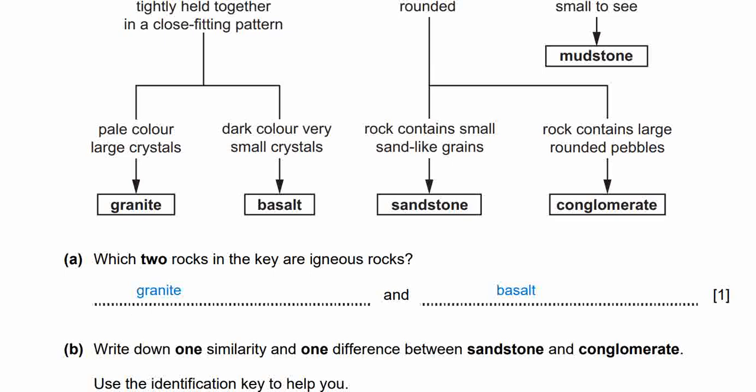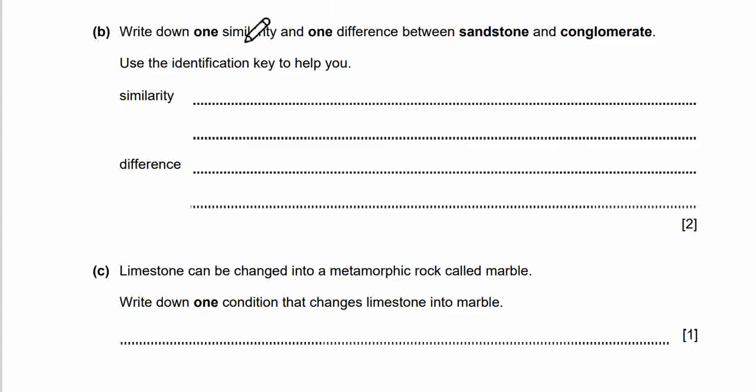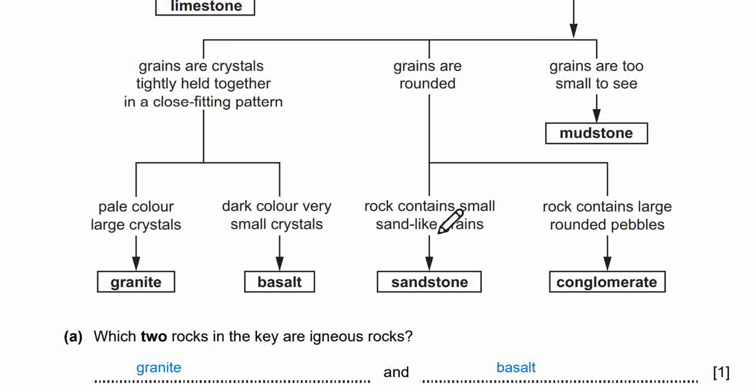Next question. Write down one similarity and one difference between sandstone and conglomerate. Use the identification key to help you. If you see from the table, the similarity between sandstone and conglomerate is that they are from grains that are rounded.